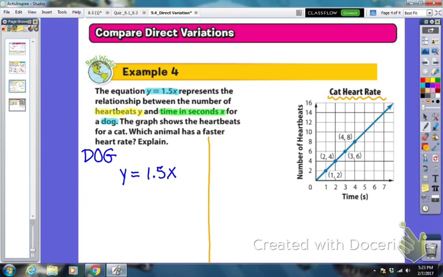So they give us the equation for the dog, but the graph for the cat. So from the dog's equation, you can figure out the dog's heartbeat per second. And that is just your number, the constant in the center. So the dog's heartbeat is 1.5 beats per second.